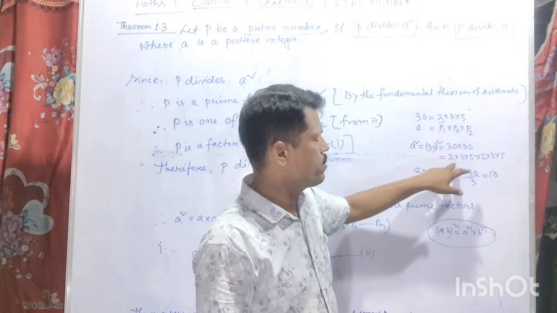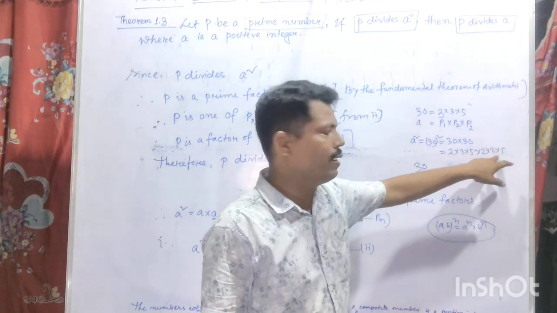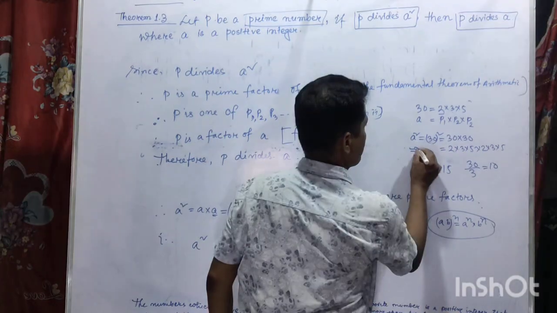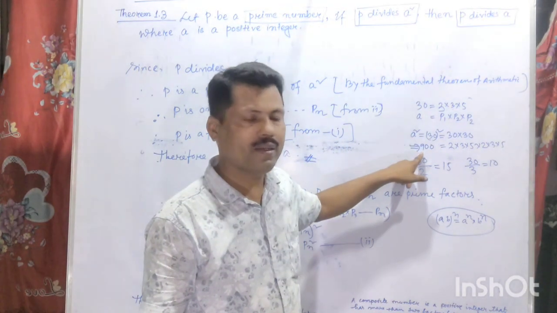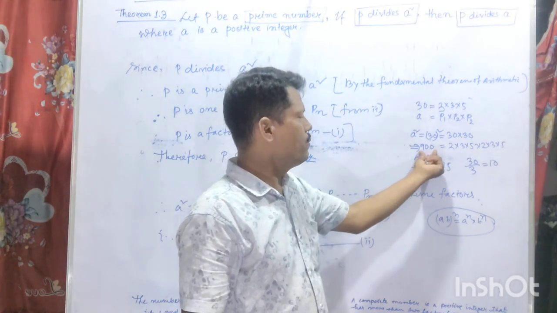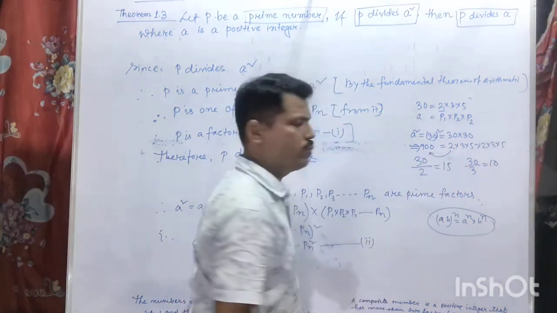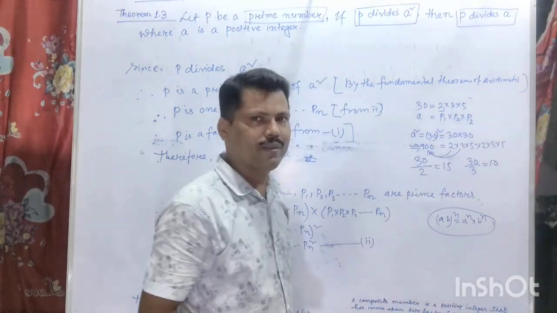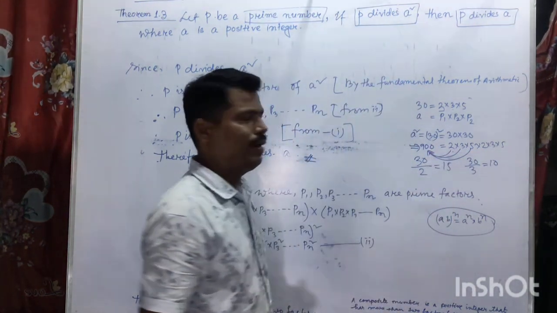So 30 square means 900. 900 is completely divisible by 2, 900 is completely divisible by 3, and 900 is completely divisible by 5 also.